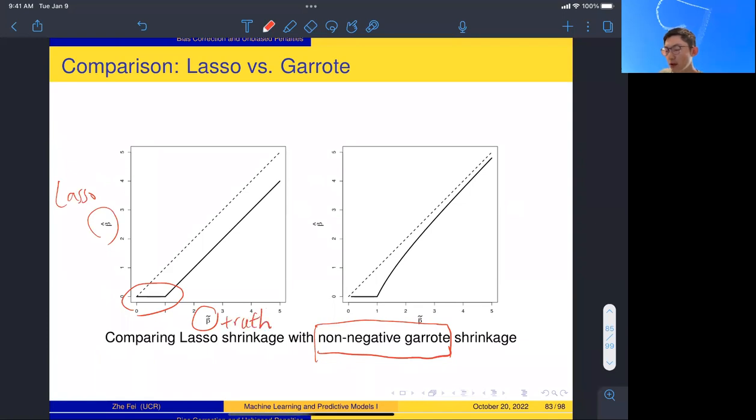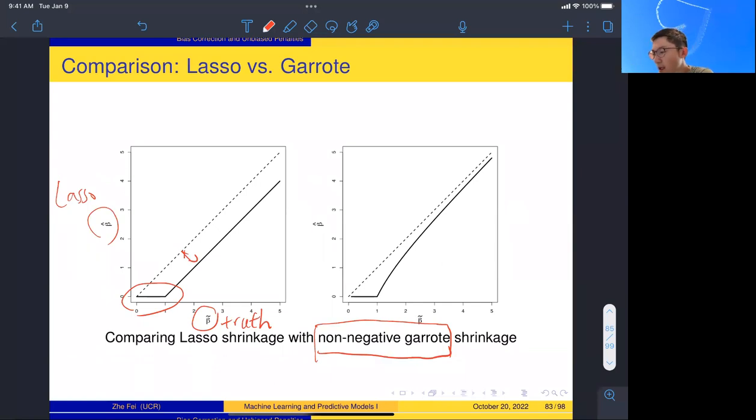And we see that for small beta tilde, we get the lasso solution as exactly 0, as we circle here. So lasso shrinks to exactly 0, and it is biased, indicated by the difference between beta hat and beta tilde.